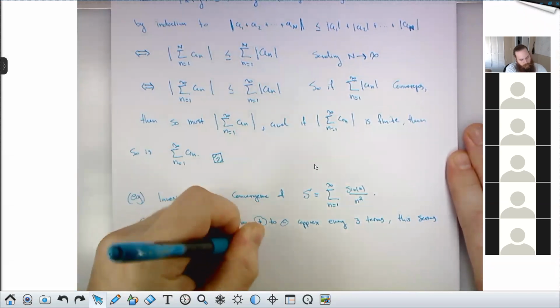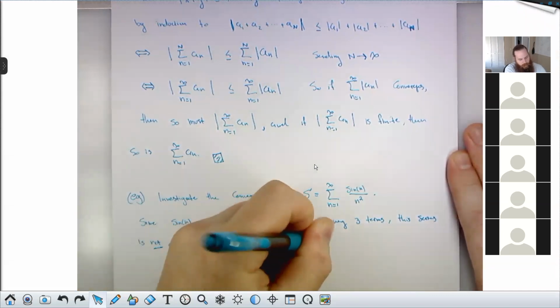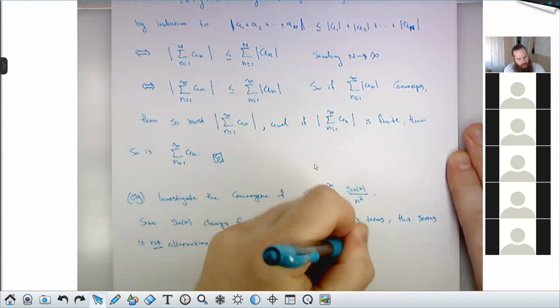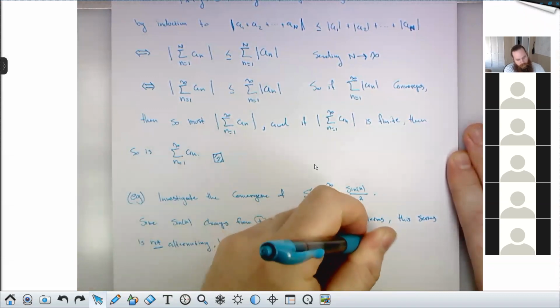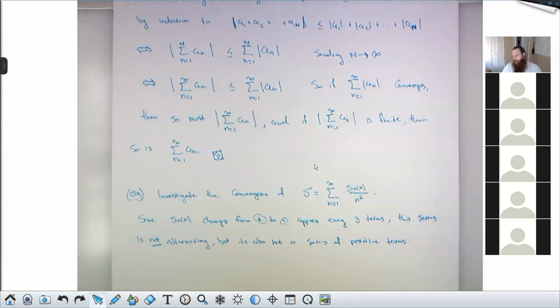But it's also not a series of positive terms. So because it's not a series of positive terms, remember all of your series tests from 11.2 and 11.3 and 11.4 require the series to be positive terms.